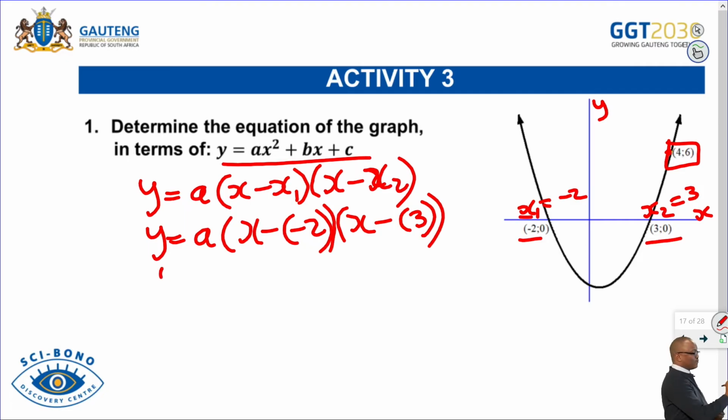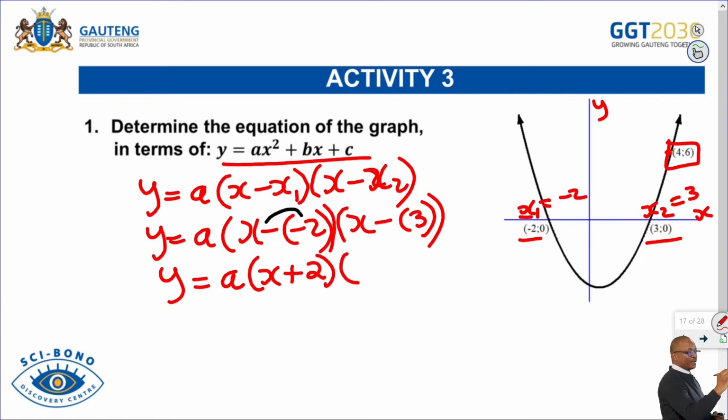Correct? So if I simplify that, I will have y is equal to a. Remember, we multiply inside the bracket. Negative multiplied by negative is positive 2. Then negative multiplied by positive, we have negative 3. Correct.